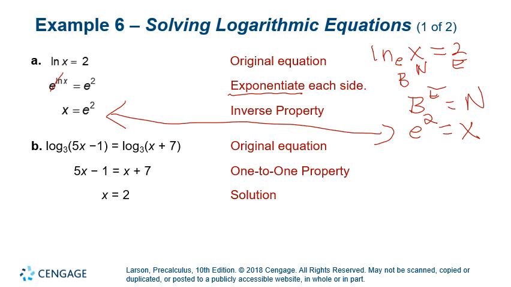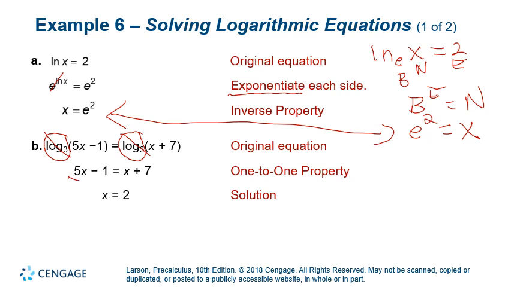Now this one, they're using the one-to-one property. If you notice, everything on the right and everything on the left has been reduced down to one term. And they both are logarithmic terms with the same base. If that is the case, we can do that.